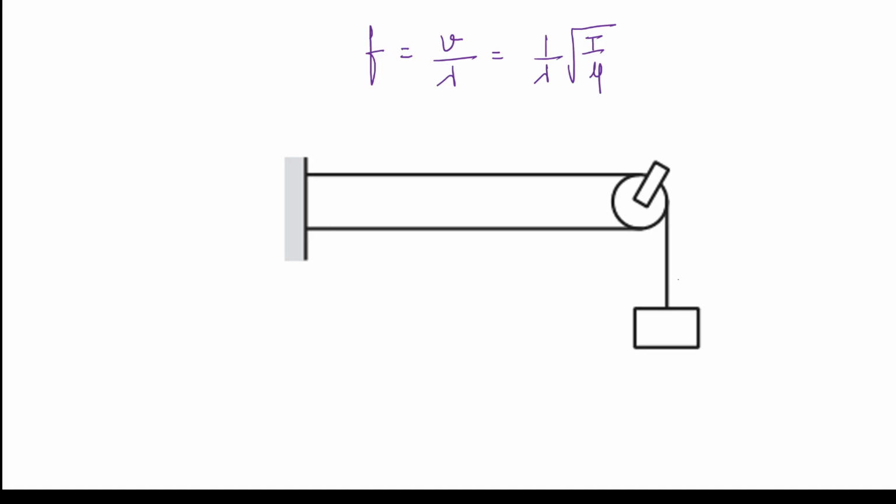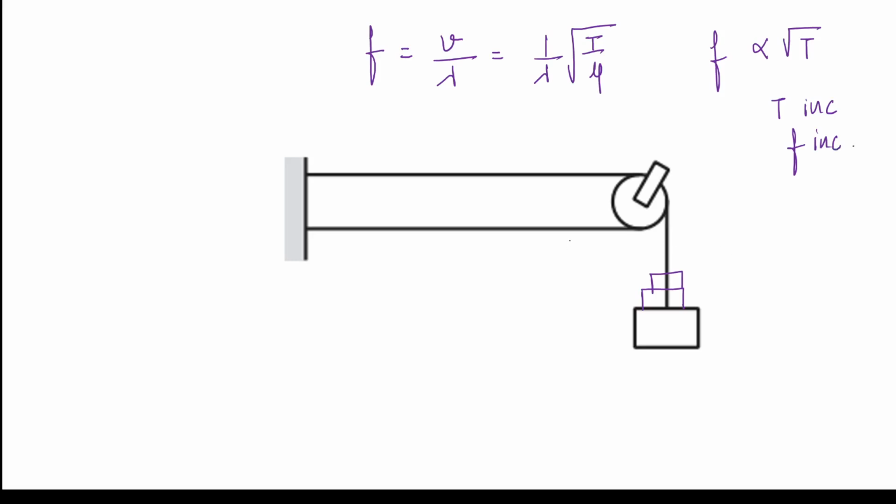Now if you increase the tension by adding more weight here, what would happen to the frequency? The frequency would increase. Frequency is directly proportional to the square root of tension. So tension increases, frequency increases.